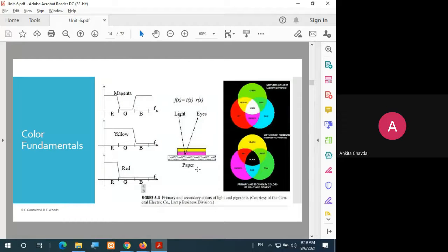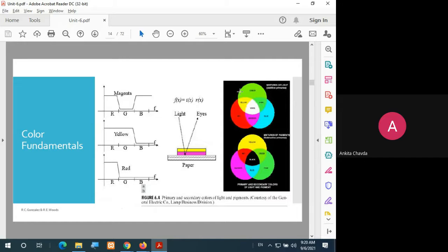Okay. So here you have one color where your red is on, blue is on. When red and blue are on, you get magenta color, right? Because green won't be there. So red plus blue gives you magenta. How will yellow be created?